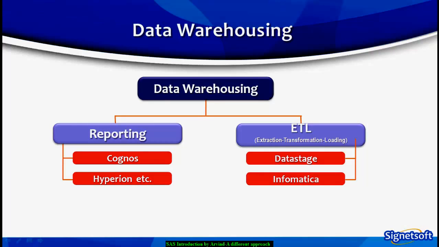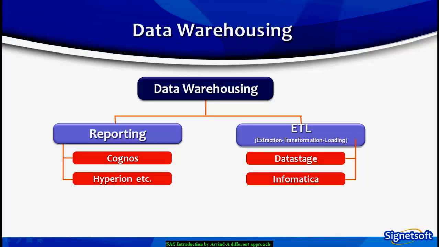Actually, within this data warehousing we have two categories. One is reporting category and another one is ETL category. Reporting and ETL. So in the list of data warehousing softwares, some of them can perform reporting and some other softwares can perform ETL. Now here Cognos, Hyperion kind of softwares are specially designed for reporting, and DataStage, Informatica kind of softwares are specially designed for ETL purpose.